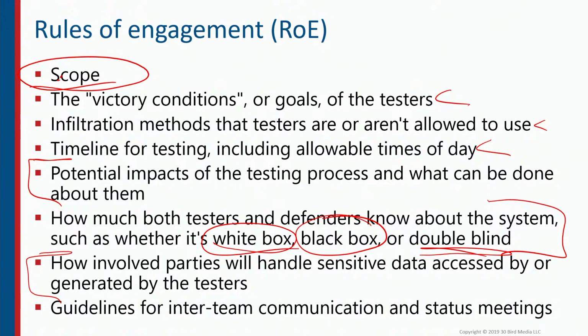If you find something while you're in there, what are you going to do with it? And then how are the teams going to talk? Are we going to have a daily, weekly, hourly, bi-hourly status update between the pen testers and the blue team?